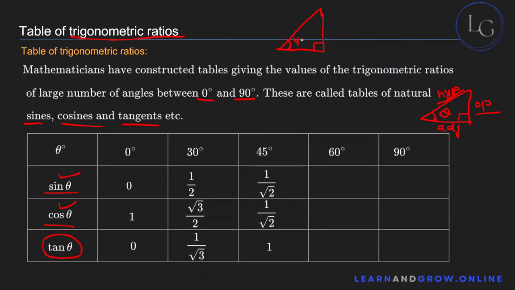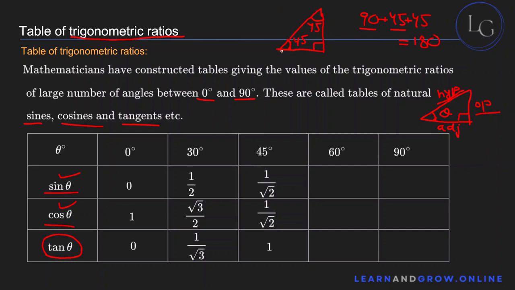If this angle is 45, this angle will also be equal to 45 degrees, because the total angle inside the triangle must equal 180 degrees. So we already know the two angles, 90 and 45, so the third angle must be 45 for all of this to equal 180 degrees. So this is an isosceles triangle since two angles are the same.